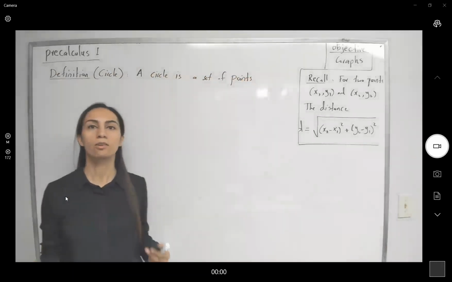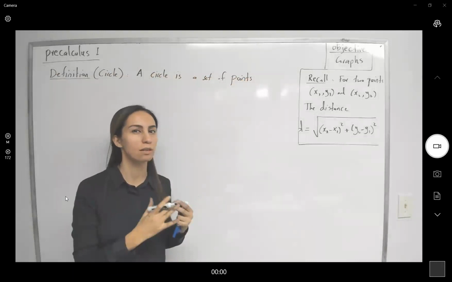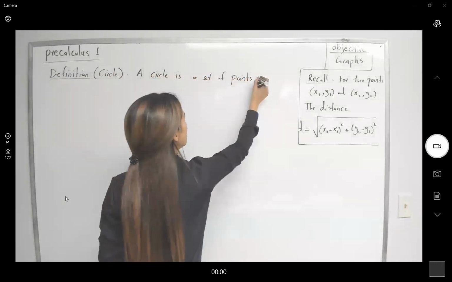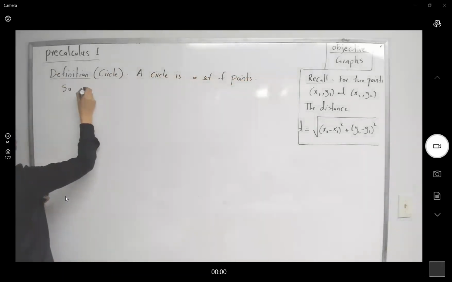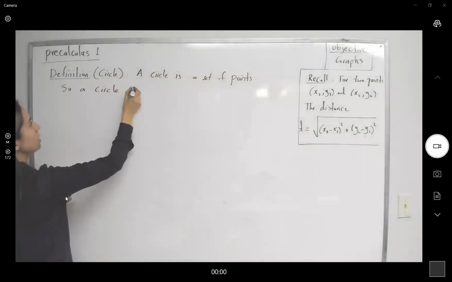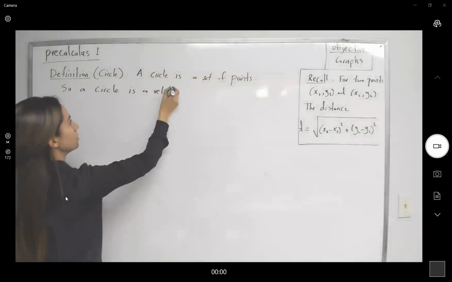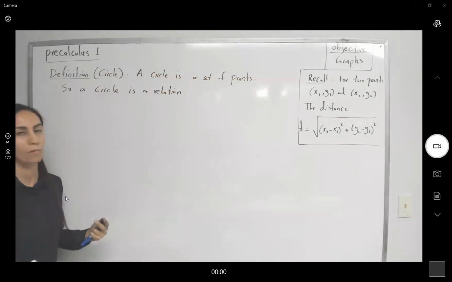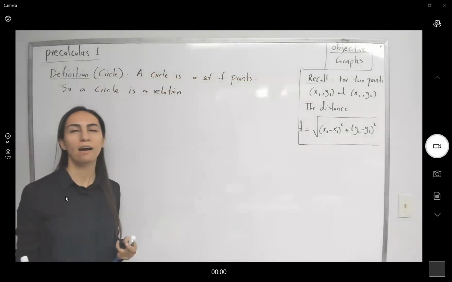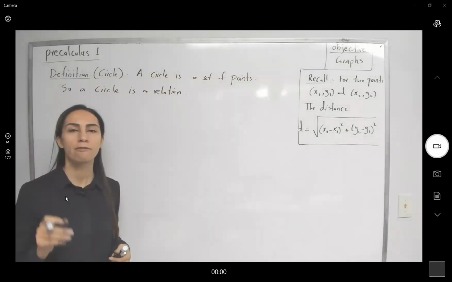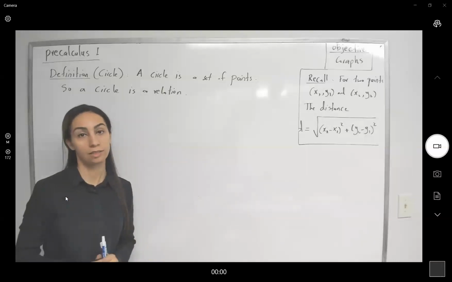It means that a circle is a relation. We just learned about the relation. So a circle is a relation. For these points, they have the exact same distance from a fixed point that we call the center.